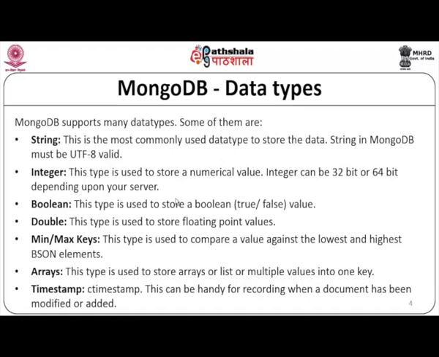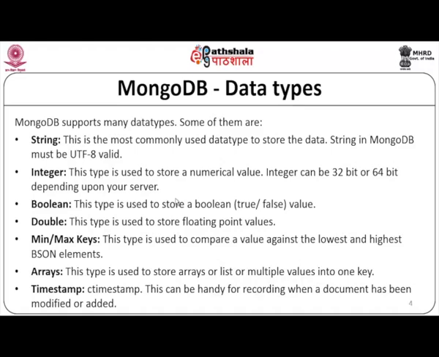Then you have min max keys for the purpose of comparing a value against the lowest and highest BSON elements. Then you make use of arrays, which is used for storing an array of values or simply multiple values into one key.